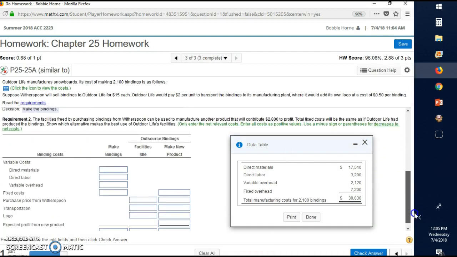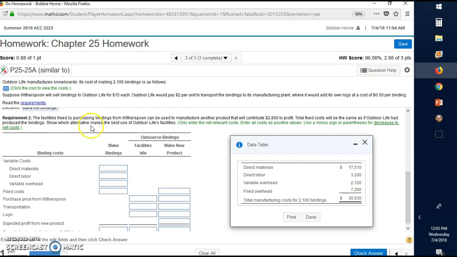And then down here, what it wants you to do is the facilities freed by purchasing bindings. Instead of making them ourselves, if we buy them, we can make another product that would bring us $2,800 in profit. So total fixed costs will be the same as if Outdoor Life had produced the bindings. Show which alternative makes the best use of Outdoor Life's facilities.